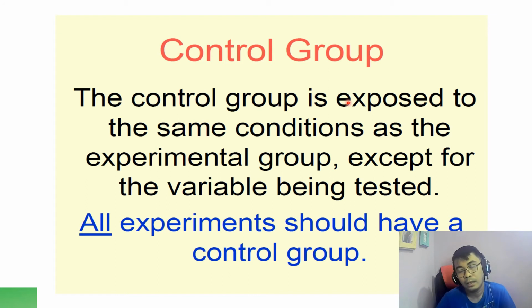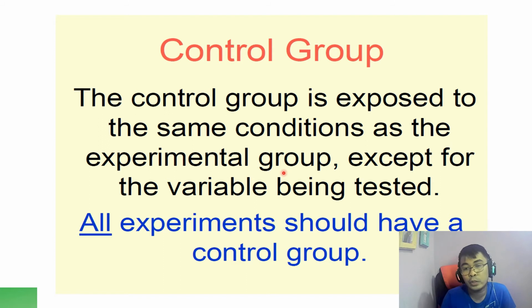So, kasi yung lahat ng variables na you want to retain in the same condition, okay, both for control group and experimental group, kailangan the same yun. Okay? Ang pagkakaiba lang ng control sa experimental, meron kang tinitest, okay, na mga variables mo.